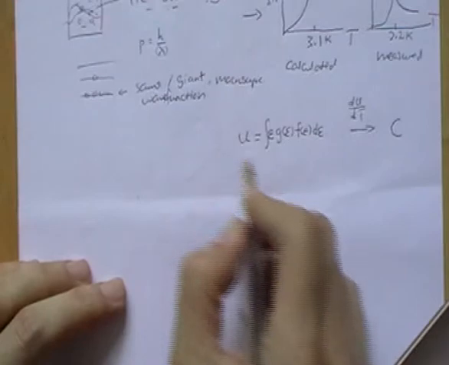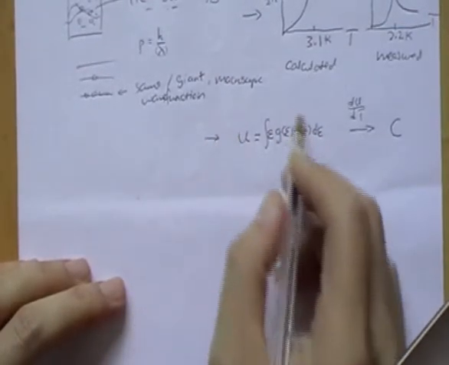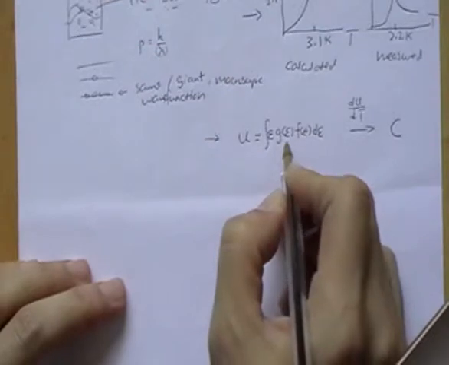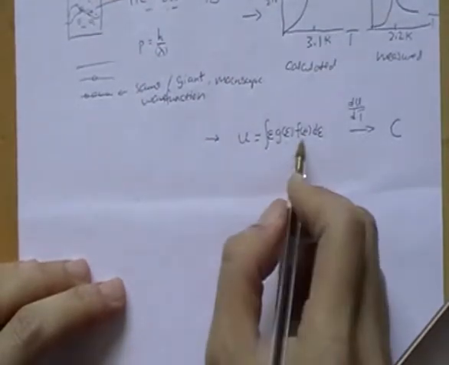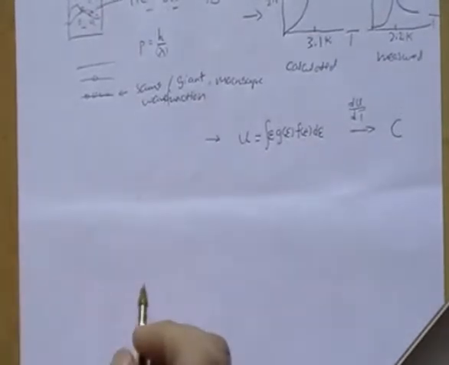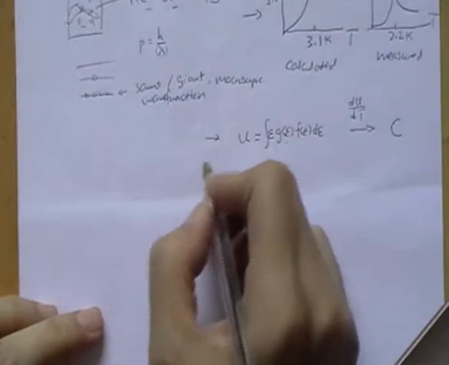And in order to find this, we need to know the density of states and that and F. So we need these two things that go into there.